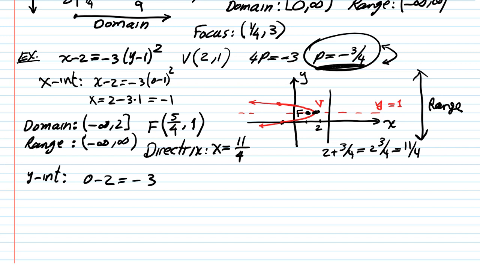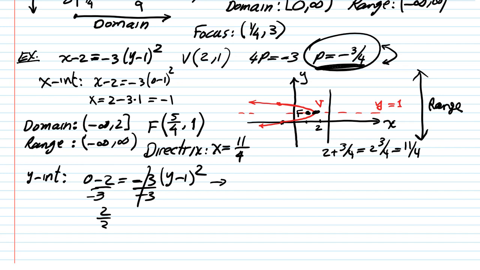Looking at the original equation, this one, negative 3 times (y minus 1) squared. See, x-intercept is much easier for this one in particular than y-intercept was. So now we're going to expand the binomial. Let's divide both sides by negative 3, by the way.